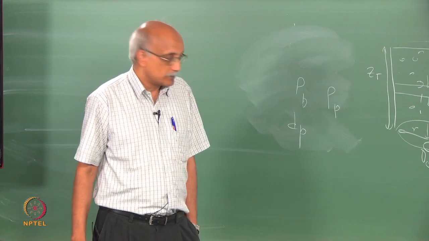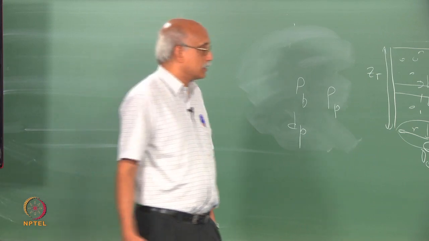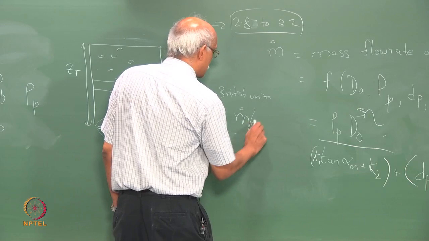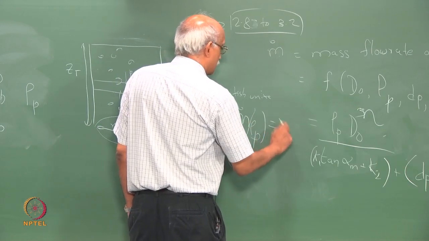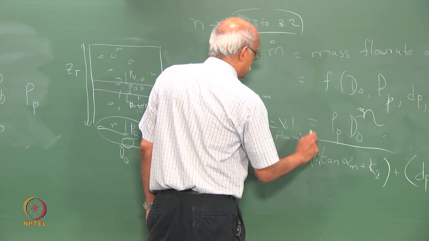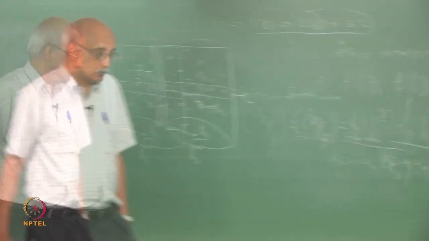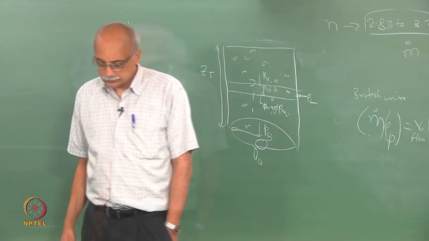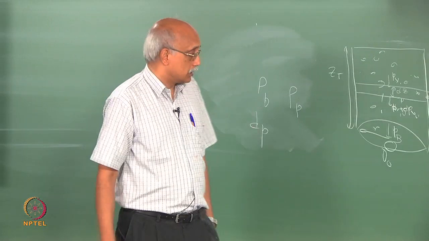So, again from this expression it is obvious that m dot by rho p is the volumetric flow rate, right. So, if you want to look at volumetric flow rate, it is simply dO to the power n divided by these parameters.